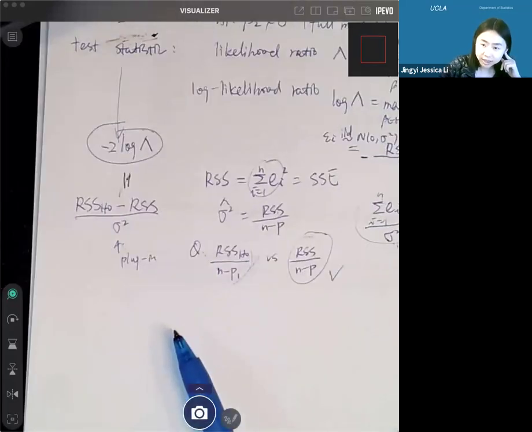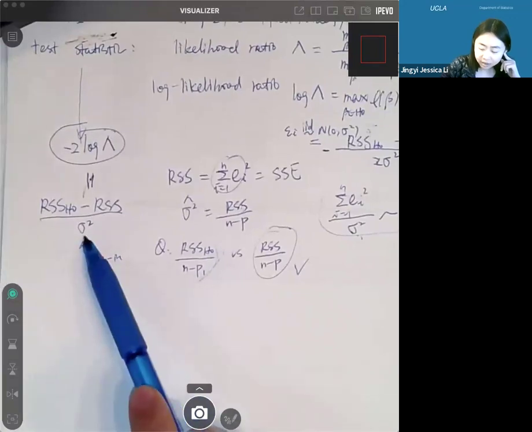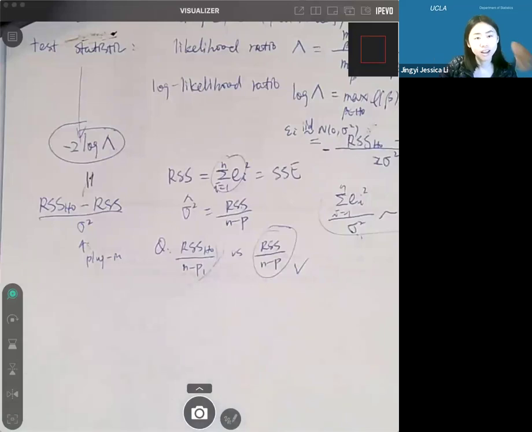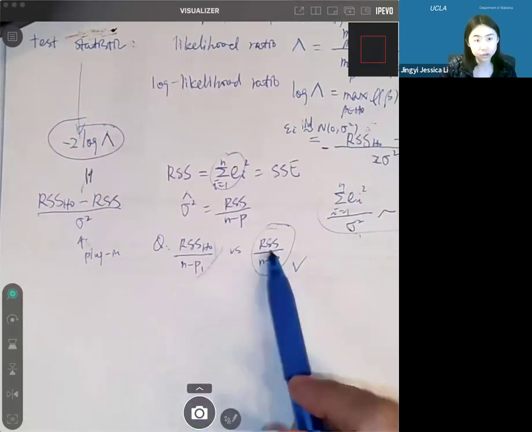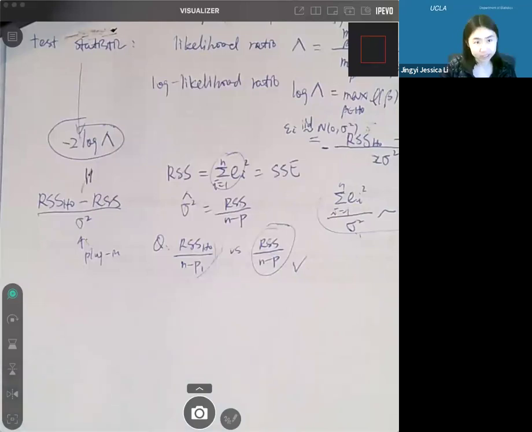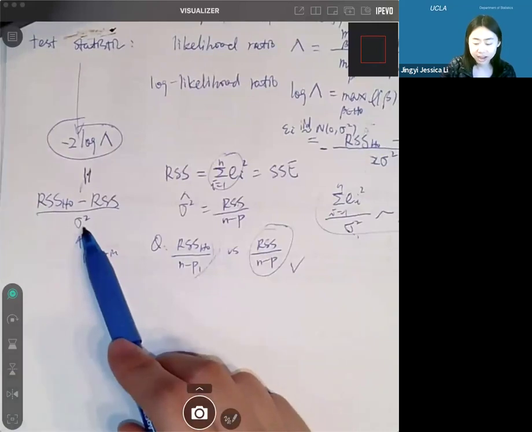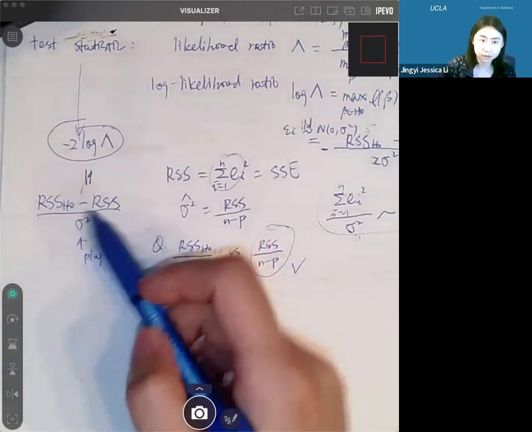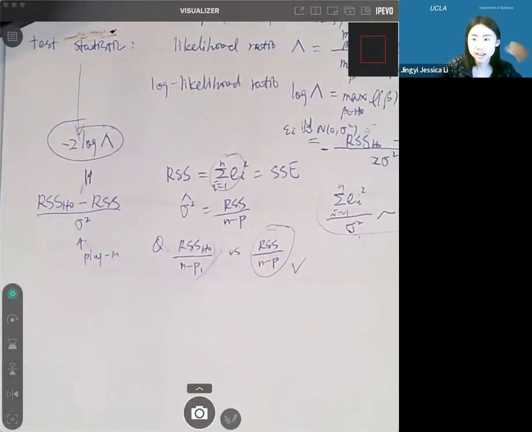Another justification is practical. Using this, we would get a smaller sigma square hat, because as we know, using the full model, you will have smaller residuals, and then you have a smaller estimate for sigma square. Then you will have a bigger test statistic, right? You're dividing by a smaller thing, and having a bigger test statistic, you would be more conservative.